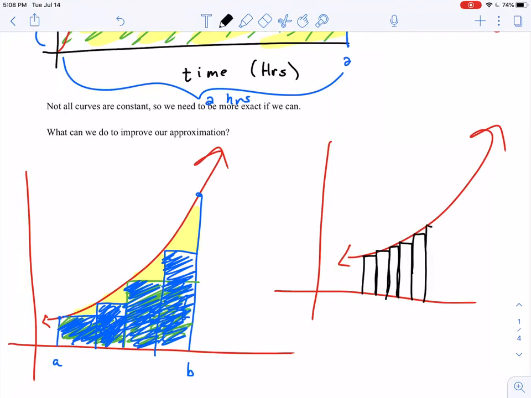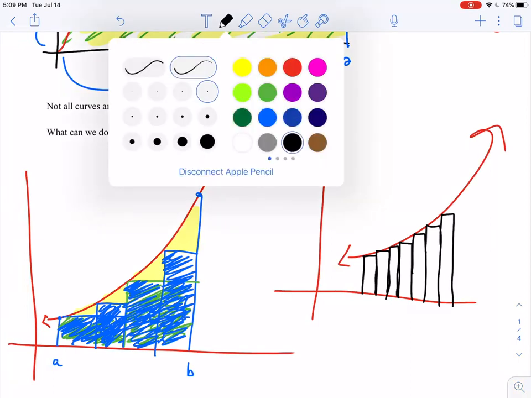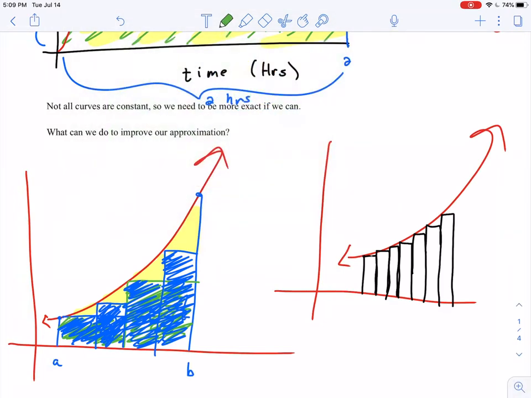But in every single one of these cases, the area that I'm undercounting or not accounting for here is pretty small compared to what we started with. And the more rectangles we add in over that same area, the smaller the area that we're not counting for. So this is kind of the big question that I want to think about here.